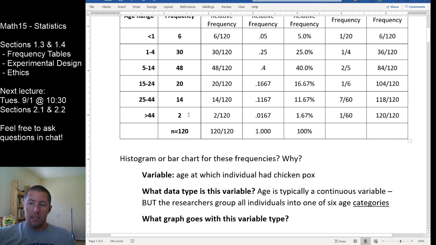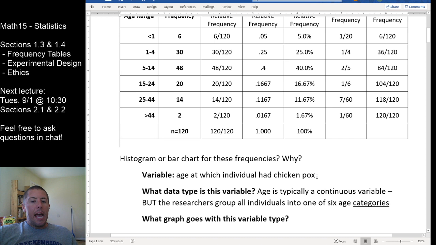Again, if you are 6 years old and if you are 13 years old, there is no difference whatsoever in those two ages according to this particular study. Therefore, it's good for us to not think of age as being so much of a numerical thing here. Rather, in this study, it makes more sense to think of age as a categorical variable.